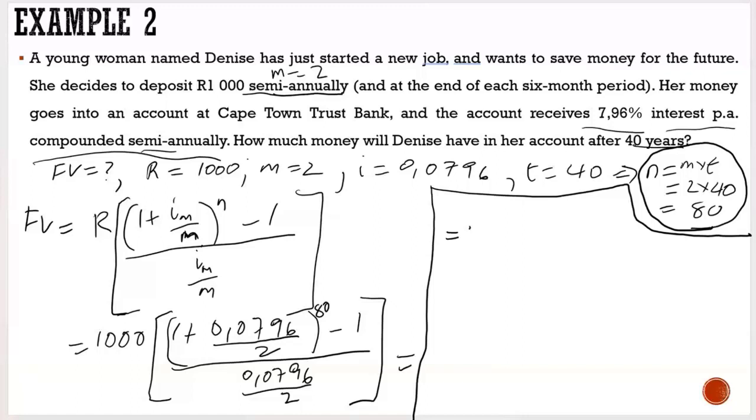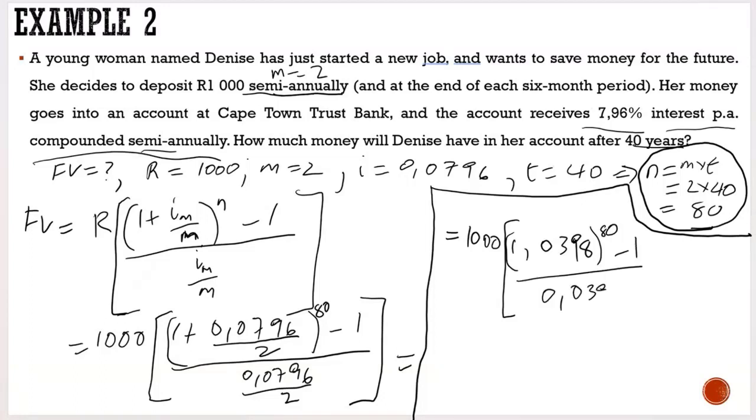This is 1,000, 1.0398 to the power 80, minus 1, divided by 0.0398.